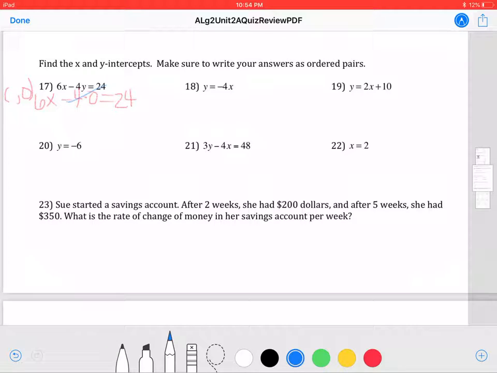This is going to go away because anything times 0. I'm then going to solve 6x is equal to 24. Divide both sides by 6. I get x is equal to 4. 4, 0 is my x-intercept.